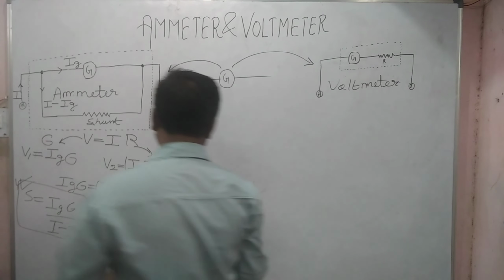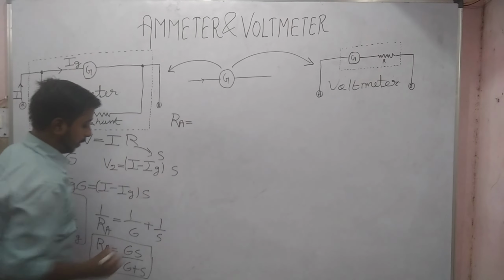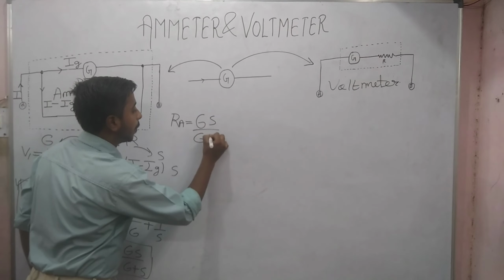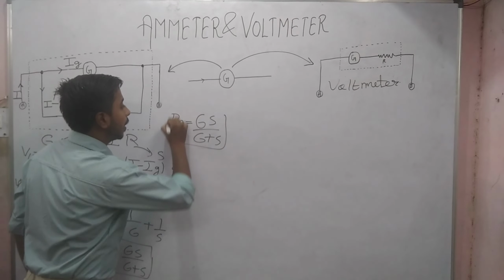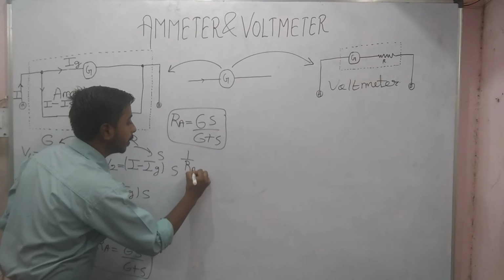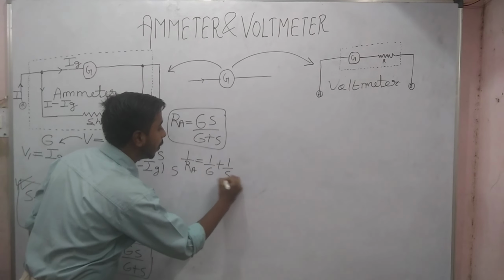Let me just write it here again for you. Resistance of ammeter is equal to G into S upon G plus S, which was derived from 1 upon Ra is equal to 1 upon G plus 1 upon S.